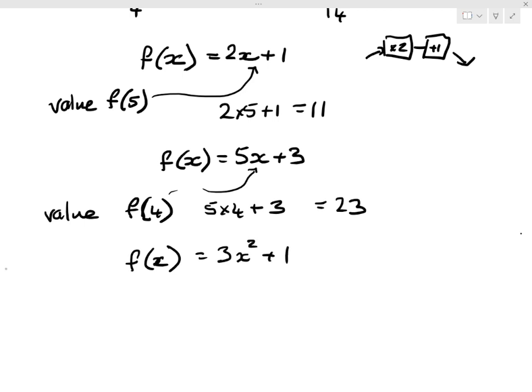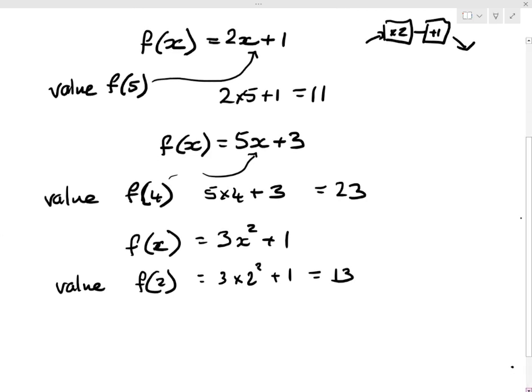And what's the value of f(2)? We stick 2 in there. So that will be 3 times 2 squared plus 1, which is 4. 3 fours are 12, plus 1 is 13.